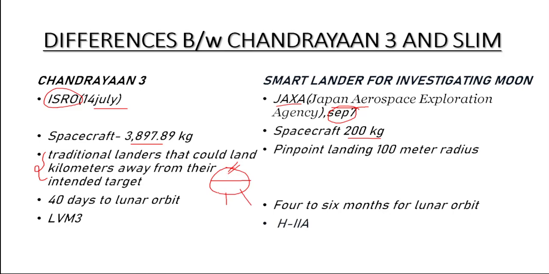So here the area where we can land our mission is very large, anywhere in the South Pole. The availability of area is very high here, but here the major change is pinpoint landing, or you can call it precision landing, with a 100-meter radius.